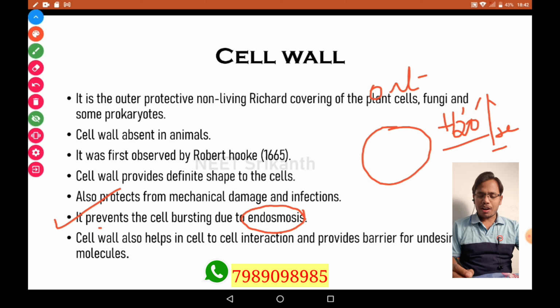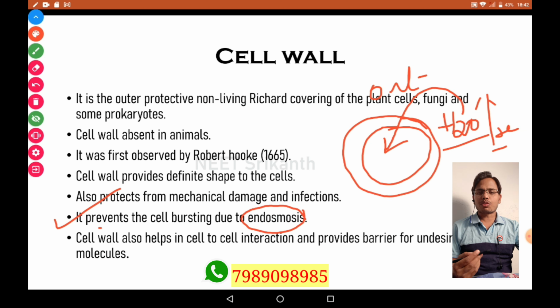Now the water molecules move from high concentration region to low concentration region. That means water is transferred from outside to inside. When water moves from outside to inside, the cell size will increase. The cell will swell. So in these cases, the cell is going to burst.